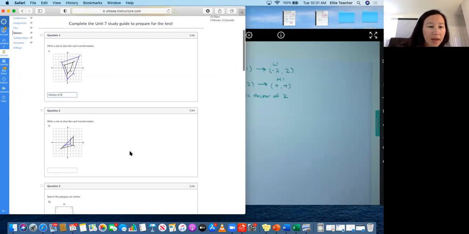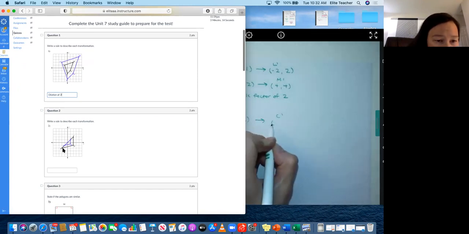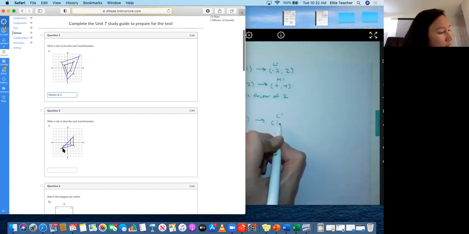Okay, and then number 2 is the same thing. So let's look at some of the points and see what happens to them. C is the point 2, 2. And then C prime is at 1, 1.